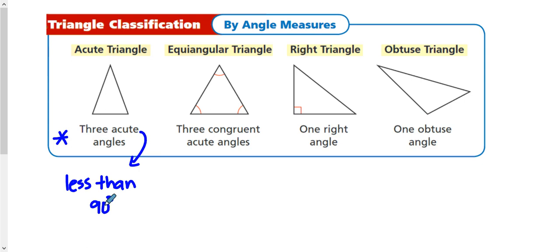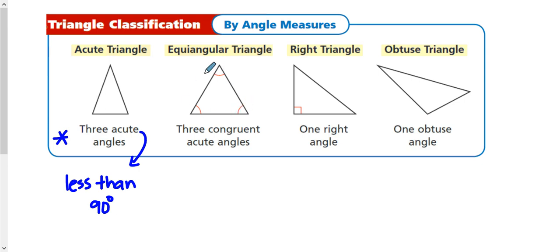All right, the next one is an equiangular triangle. And this is a triangle that has 3 congruent acute angles. And if you know anything about triangles, you may know that all 3 angles add up to 180.